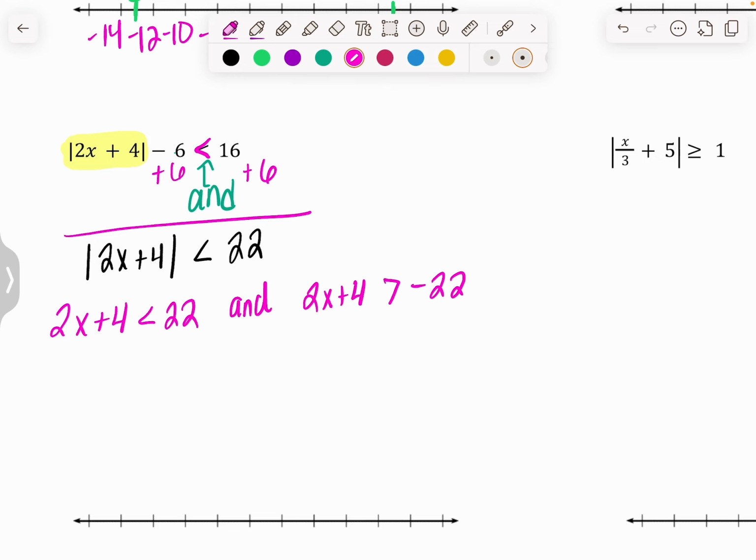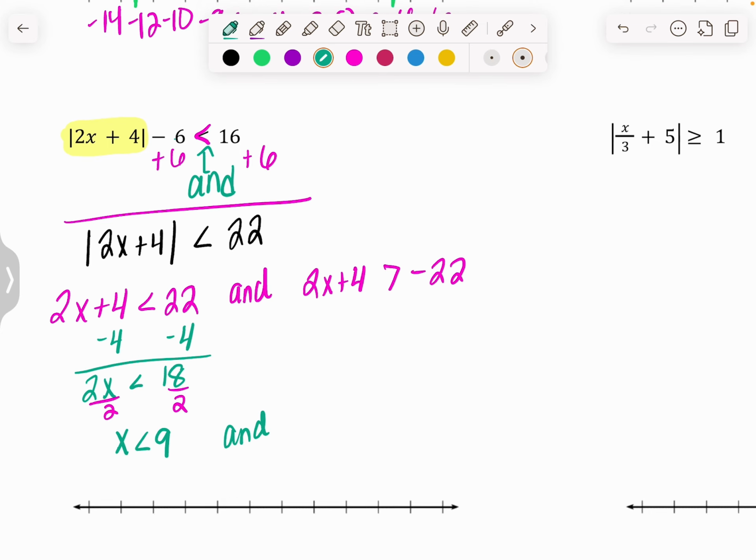So greater than -22. Then we solve each. So in this case, we will have to take 2 steps to solve. First, subtract the 4 to get the 2x by itself, which is going to be 2x is less than 18. And then divide by 2, and we're going to have x is less than 9.